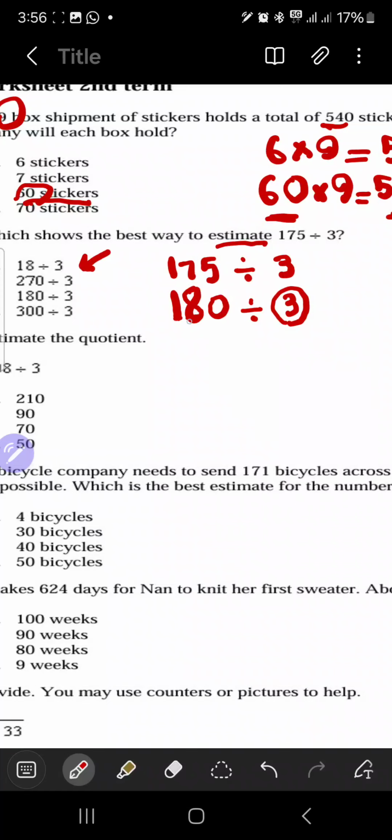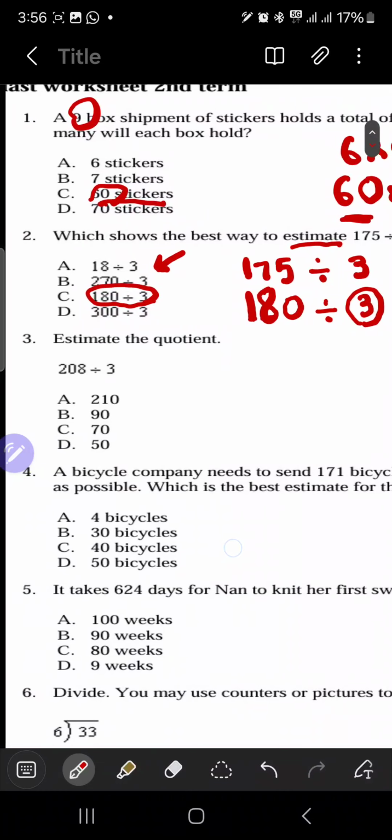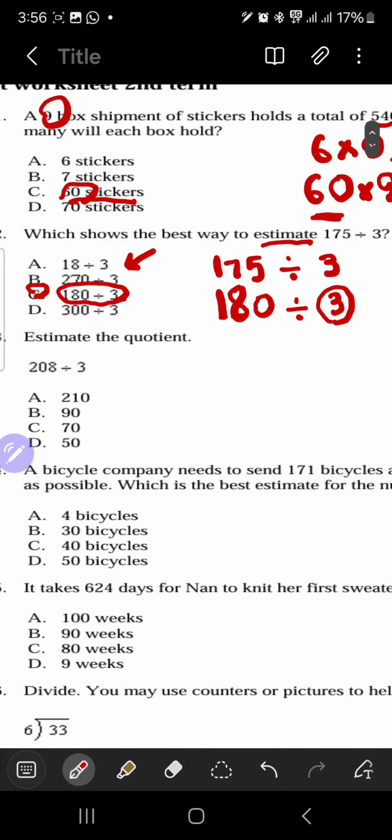So 180 is the nearest estimate for 175, which is in a timetable of 3. So we choose this answer, 180, which is choice C.